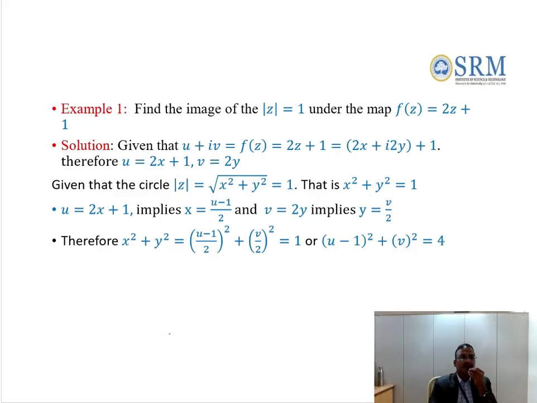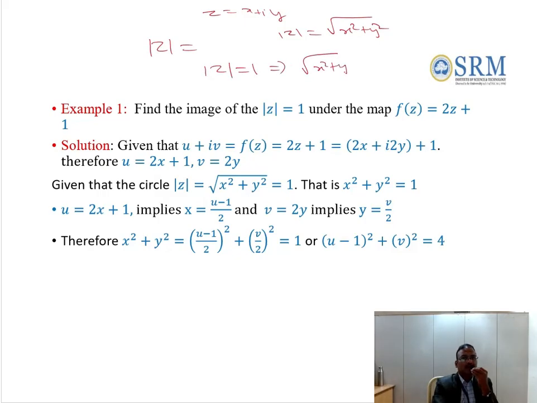First example, find the image of the circle modulus of z equal to 1. What is the meaning of modulus of z equal to 1? Already we know if z equal to x plus iy, then modulus of z equal to under root x square plus y square. Therefore modulus of z equal to 1 means x square plus y square equal to 1 square.